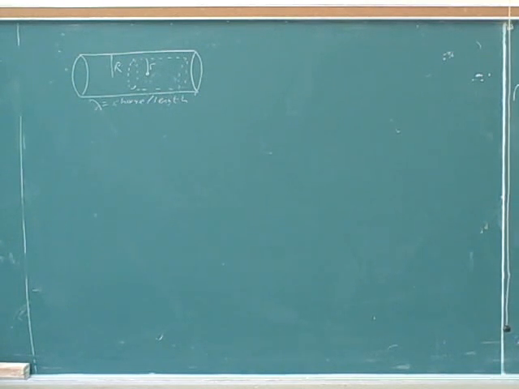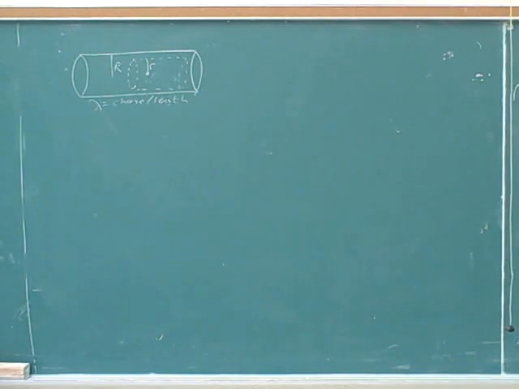Okay, so now we know that the electric field is E times the area of the surface that we chose, so it's the area of the cylinder.